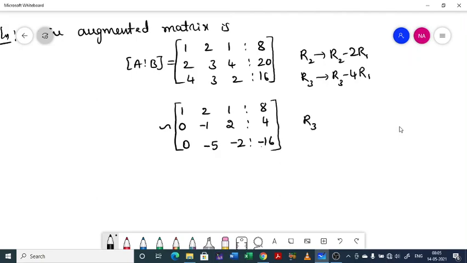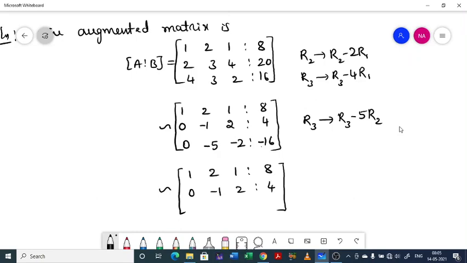Now R3 changes to R3 minus 5R2. That will be equivalent to 1, 2, 1 colon 8. There is no change in the first two rows, right? 0, minus 1, 2 colon 4. 0, 0, minus 2 minus 10, so minus 12, colon minus 16 minus 20, minus 36.